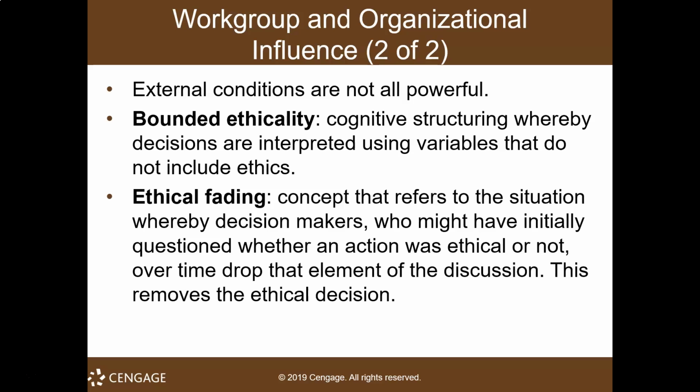And then in some decision making, there's something called ethical fading. This occurs whereby the ethical ramifications of the decision choices may be addressed initially, but over time they become removed from the decision-making process.